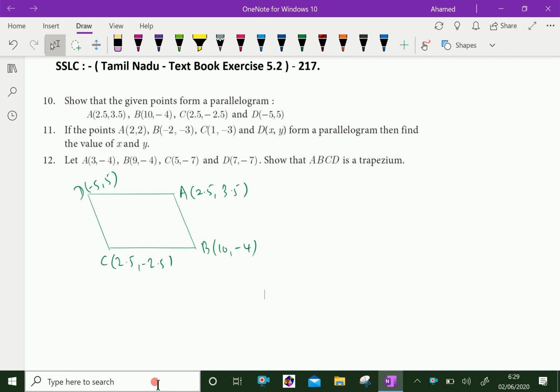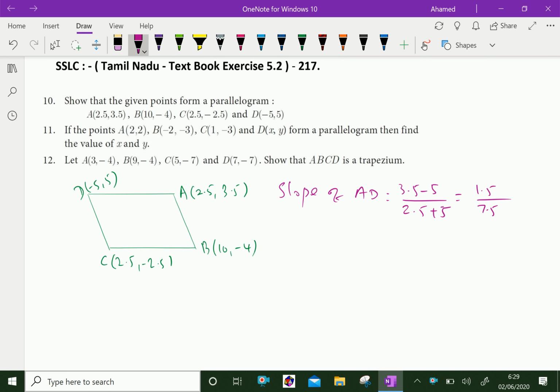For the slope of AD, AD is here, that is (y2 minus y1) over (x2 minus x1), which is equal to (3.5 minus 5) over (2.5 minus of minus 5), which is equal to 1.5 over 7.5.